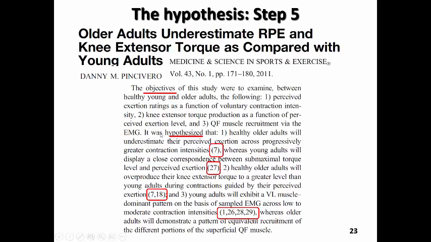If we look at the first hypothesis, it was hypothesized that healthy older adults will underestimate their perceived exertion, the subjective feeling they experience when they're performing muscle contractions, across progressively greater contraction intensities.